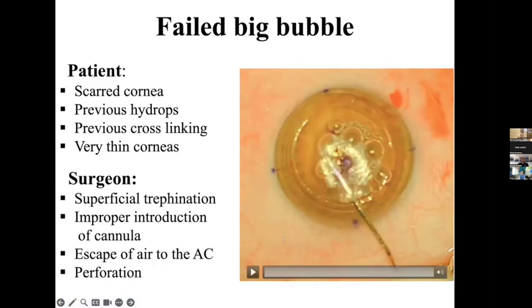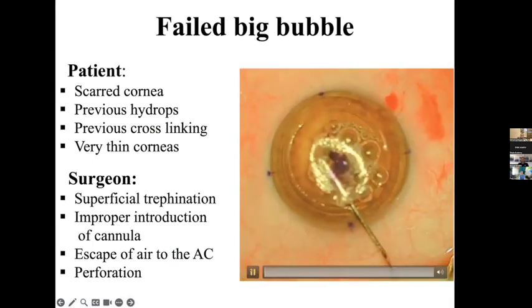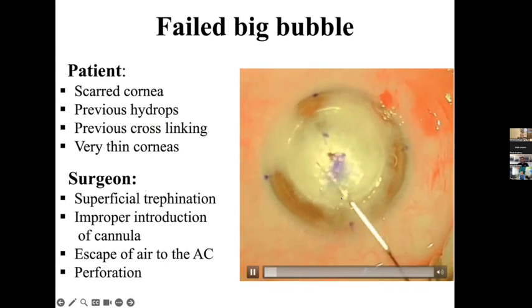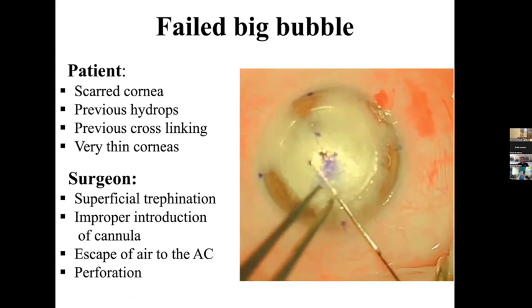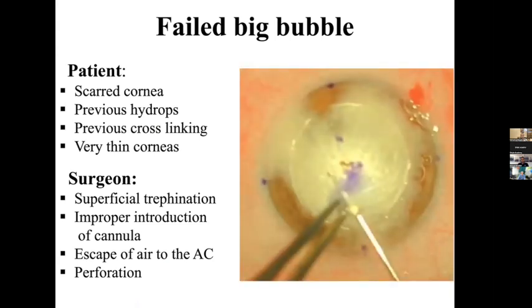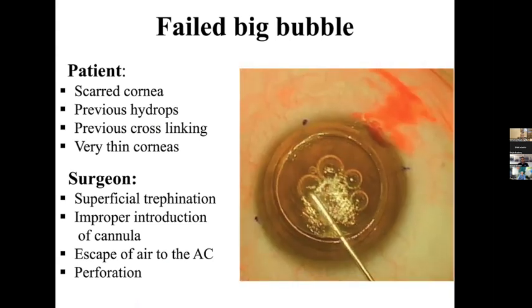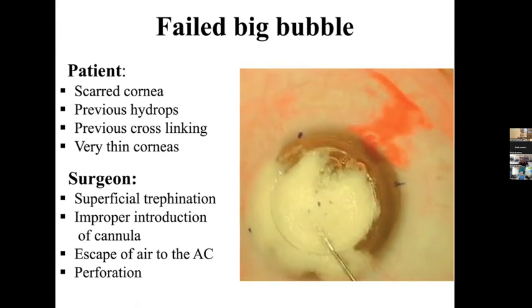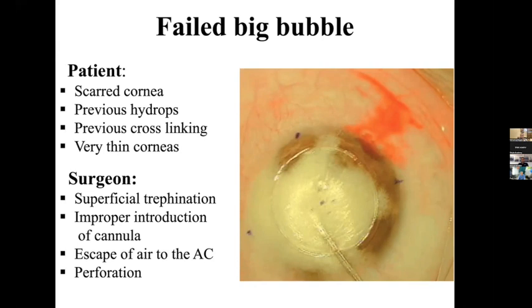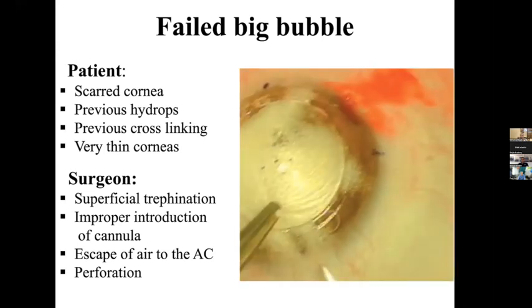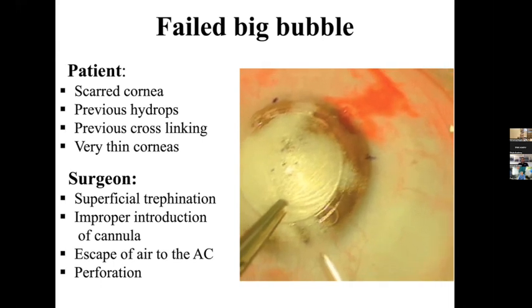So what if we don't have a big bubble? These are examples of cases where we have only corneal whitening but no big bubble formation. This may be related to some factors, either related to the patient or to the surgeon. Related to the patient, a failed big bubble may occur in scarred corneas, those with previous hydrops, previous cross-linking, and very thin corneas.